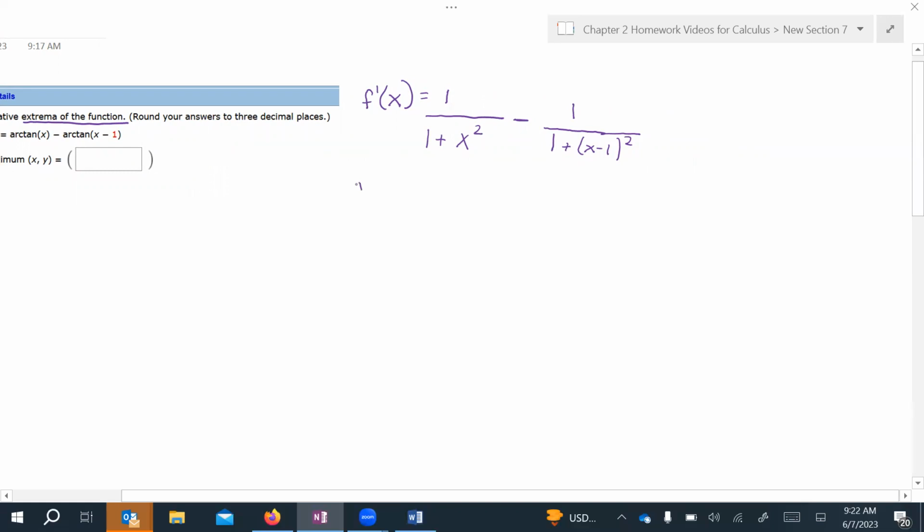Just to simplify some things, I'm going to combine these two fractions into a single rational expression. I guess we don't have to do that. I'm going to distribute the denominator.